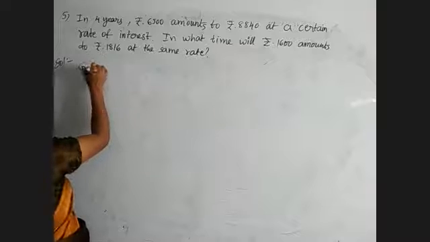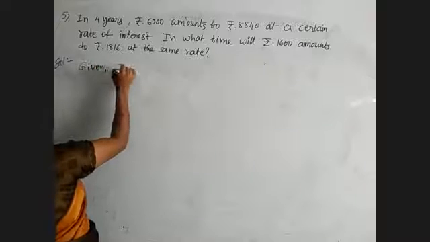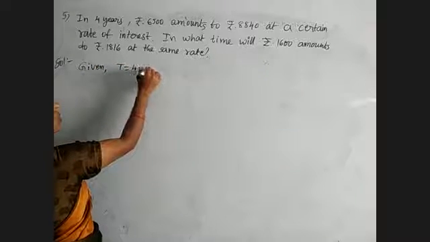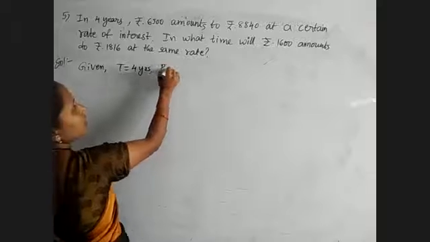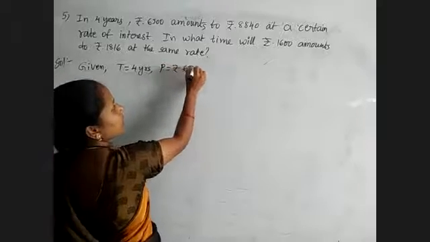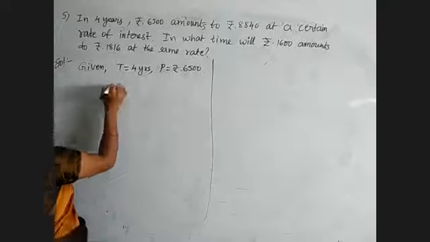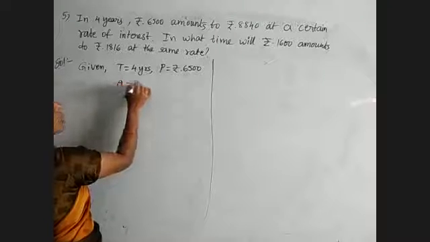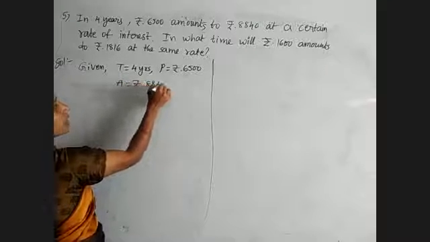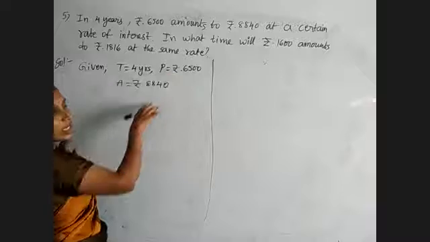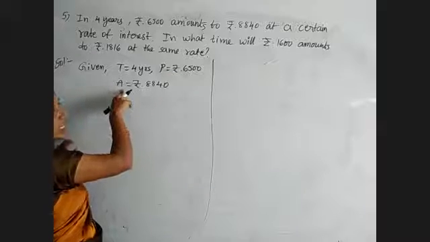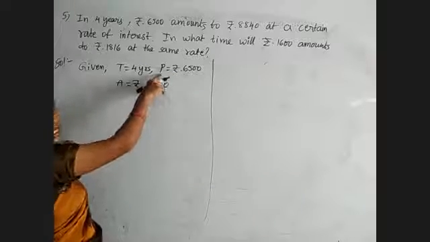So given from the first condition, T equal to 4 years and P value is equal to 6,500 rupees. Okay, and amount is equal to 8,840 given. So by these two values, we will get I value. Whenever amount is given, whatever is missing here, principal is there, I not there.